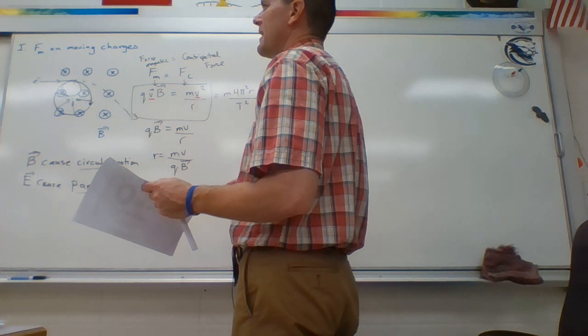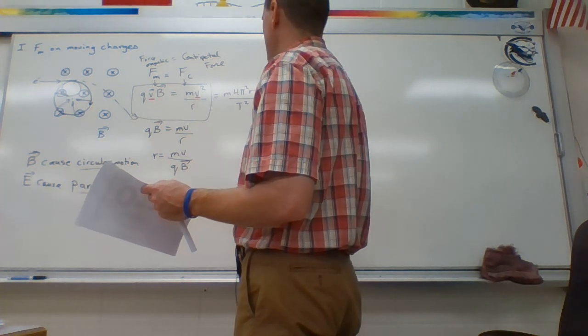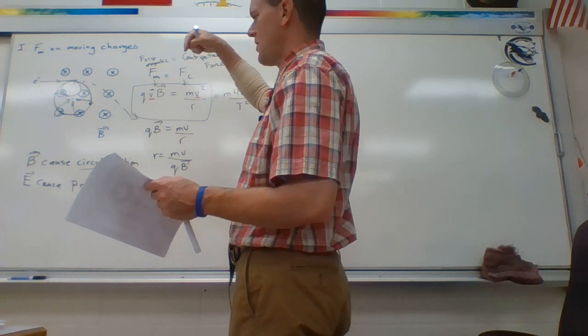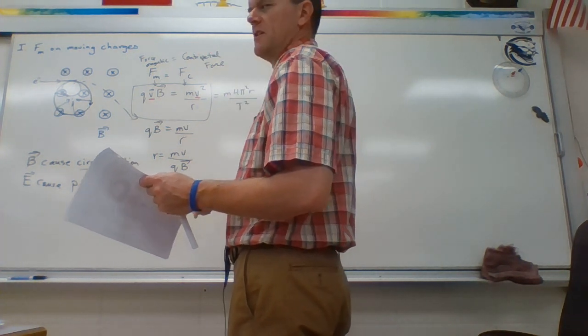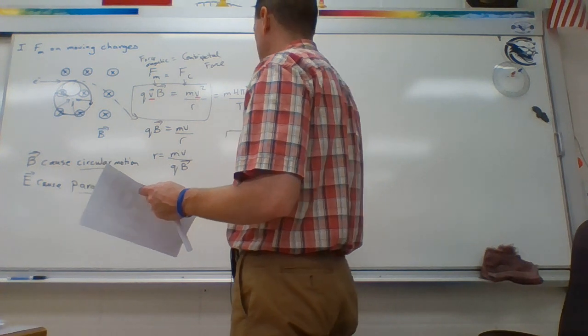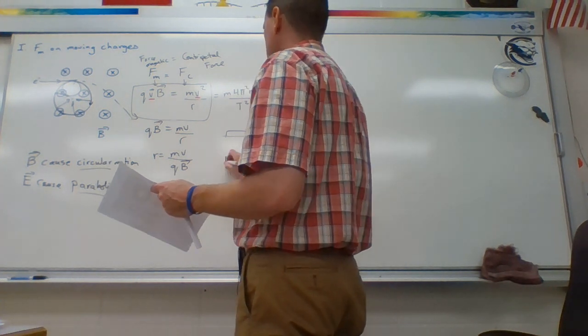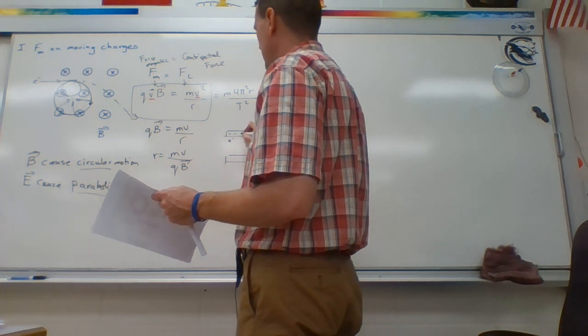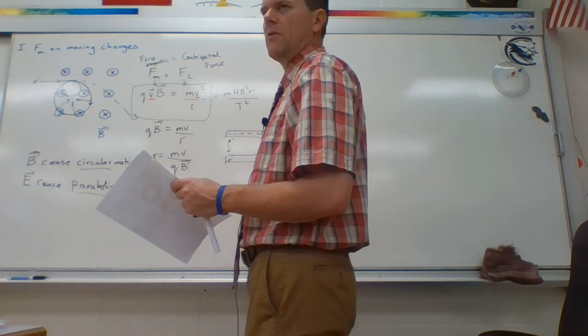No, because, see, an electric field, the force from an electric field is always going to be in one direction. Okay, like between, that's a good question. See, between two plates, like if the electron's here, the force on the electron will always be down.